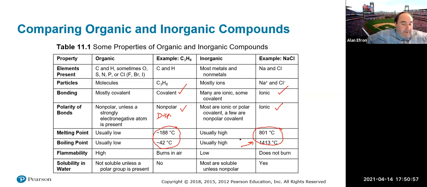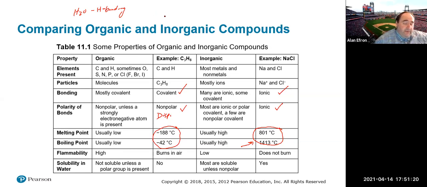Organic compounds are very flammable. They burn in air through combustion reactions. Inorganic compounds are not very flammable. Solubility in water: organic compounds are not soluble because of those dispersion forces, while water uses hydrogen bonding, and it's not going to interact really well.